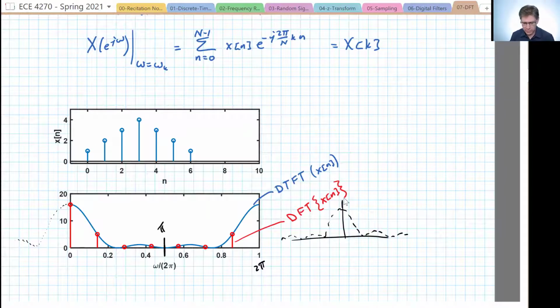Now, what happens if we want more samples of our DFT? Right now we have N samples, and you must admit that if you look at this, it's not enough to give you a whole lot of information.